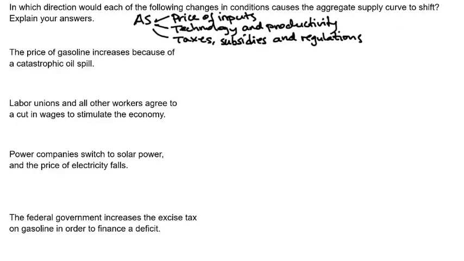Aggregate supply factors are anything that affects the cost of production, which includes, of course, price of inputs, technology and productivity, taxes, subsidies, and regulations. And as we see here, all of these factors are affecting the cost of production, and therefore aggregate supply.